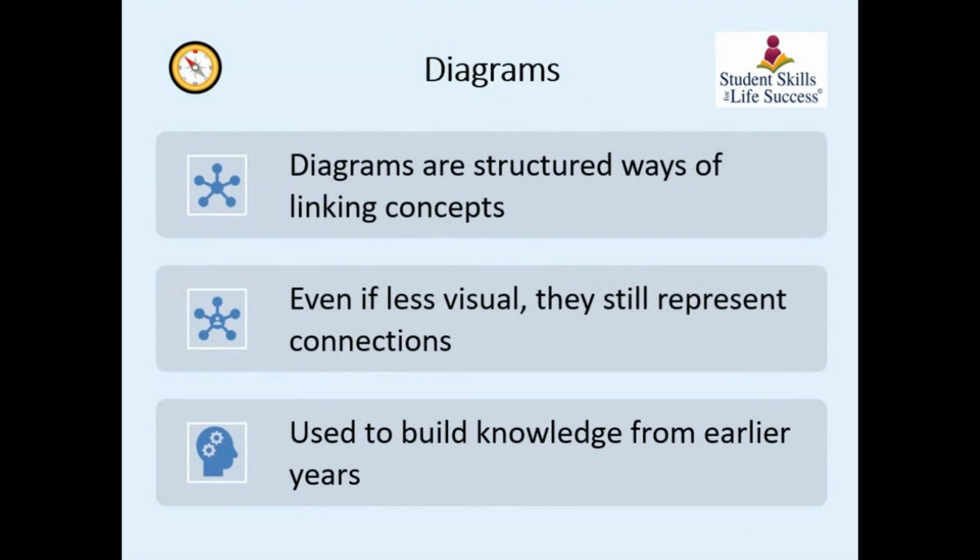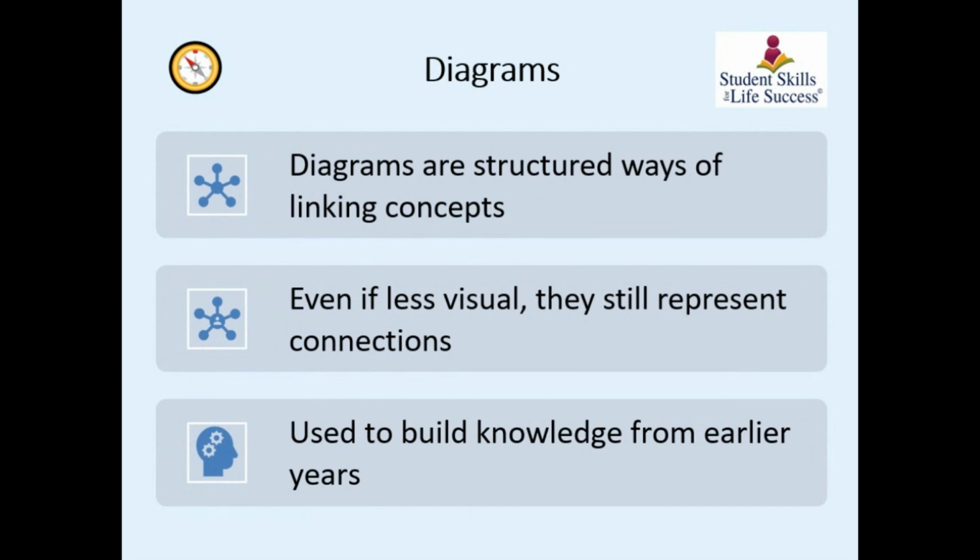So another way that we actually use linking physically is through diagrams. Diagrams are structured ways of linking concepts, and we link them by actually drawing physical lines between the concepts, and sometimes we can put the little concepts in blocks or in other figures that encapsulate them, so that we can make the links even more visual and more vivid.